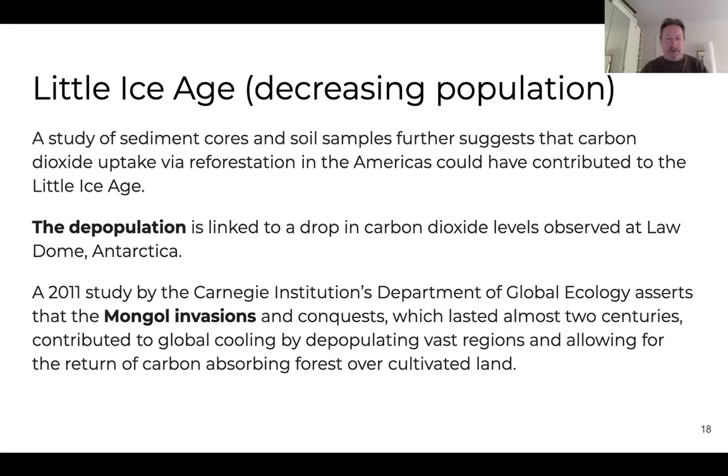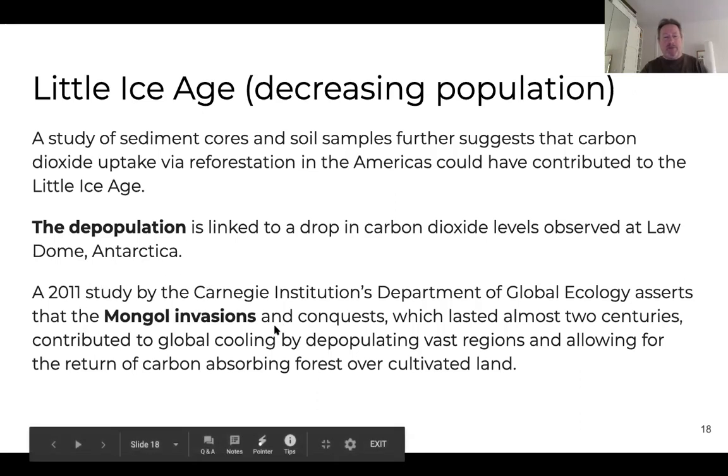A 2011 study by the Carnegie Institution, Department of Global Ecology, assessed that Mongol invasions and conquests, which lasted almost 2 centuries, contributed to global cooling by depopulating vast regions and allowing for the return of carbon-absorbing forests over cultivated land.